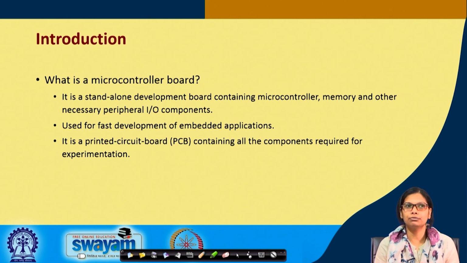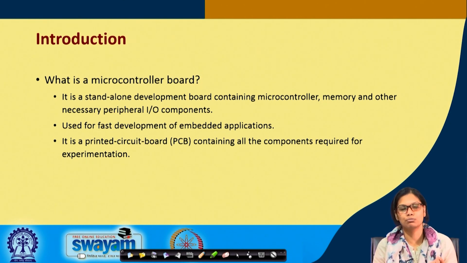Nowadays we see lot of embedded application, starting from, if you think of a small example, let us say a smoke detector. What is it? It is a system that will detect smoke if it is present inside a particular room or a particular area. In that case, what do you require?